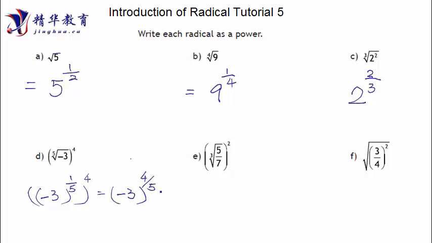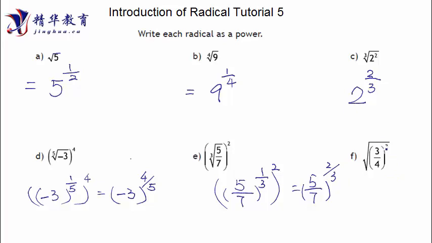All right, the next one, the cube root of 5 over 7 squared. Again, the cube root is 1 over 3, and then to the power of 2. Power of power equals power multiply, so it equals 5 over 7 to the power of 2 over 3. Done.